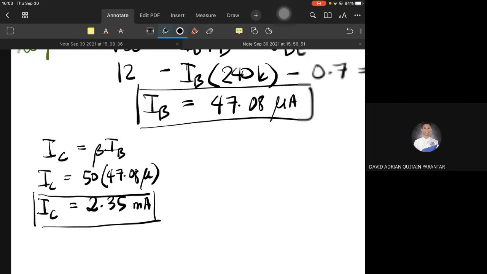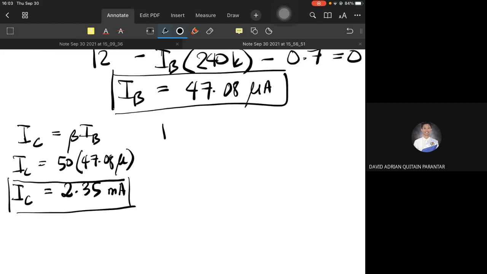Once IC is obtained, we get IE. It can be beta plus 1 times IB, or IC plus IB. Either way, you get the same answer.